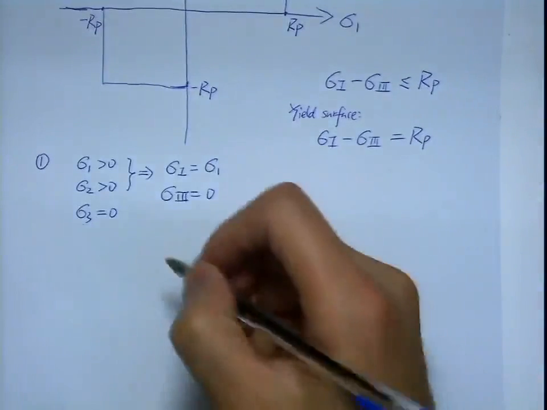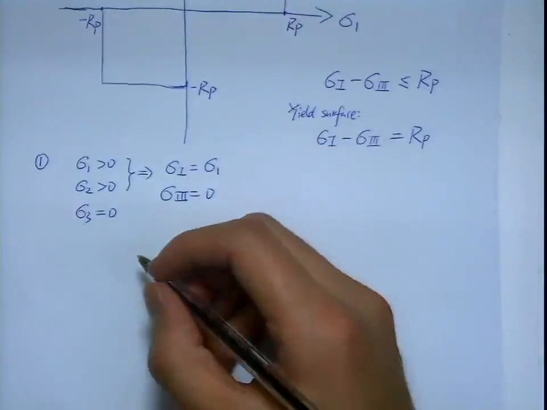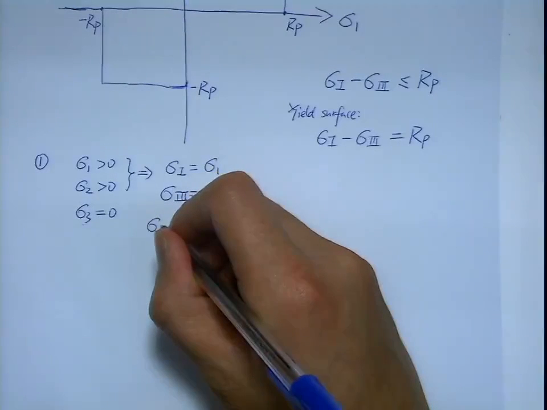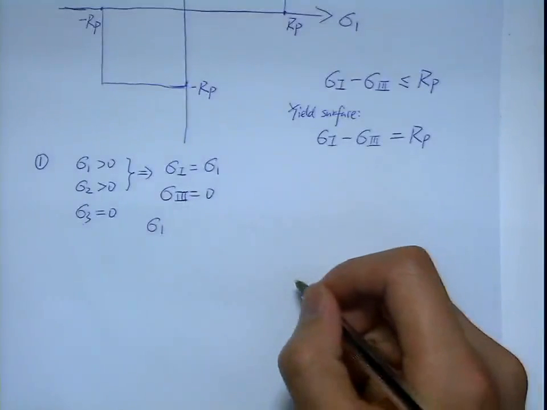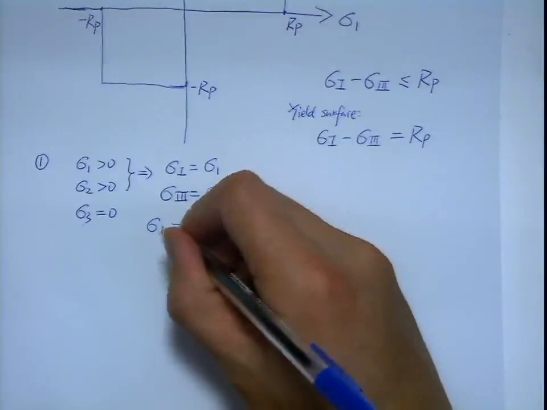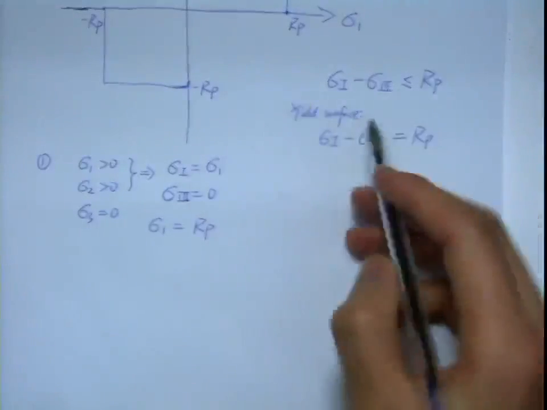Okay? So let's put that into that equation. You get sigma 1 now equal to RP, right? So put that equation here.